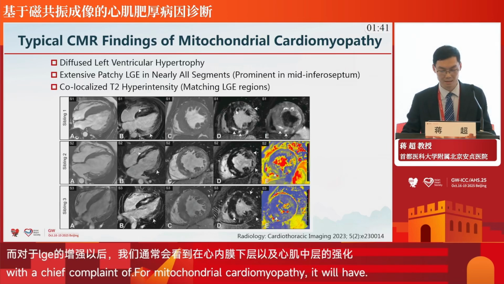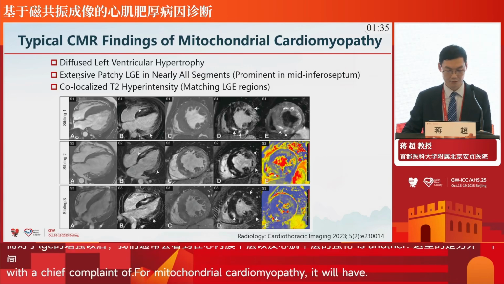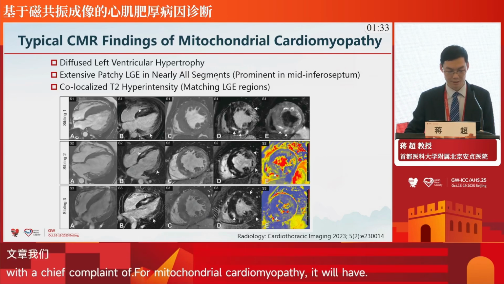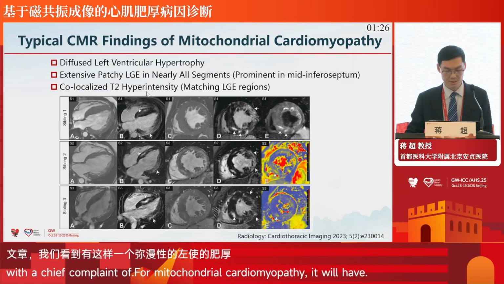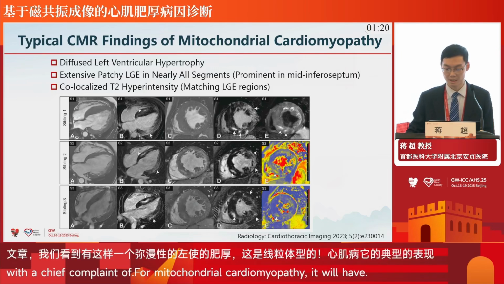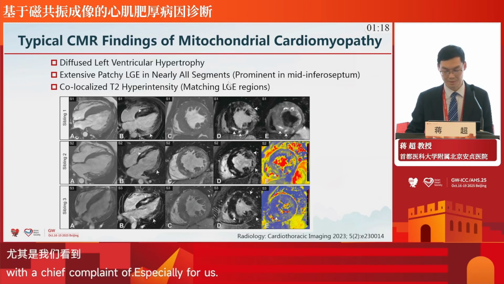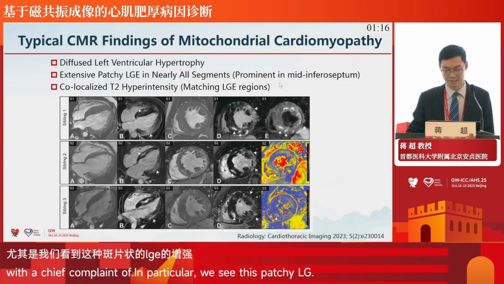This is another article. I found there is diffuse left ventricular hypertrophy in patients with mitochondrial cardiomyopathy, and this patient has extensive patchy LGE enhancement in nearly all the segments, but it is prominent in the middle inferior septum.